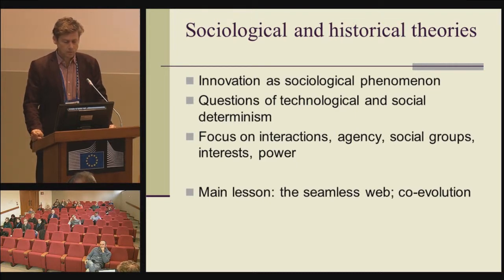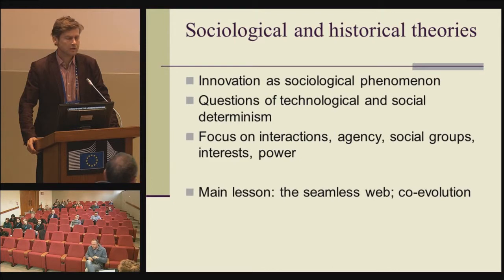And what you would see here is the growing interest and the growing acknowledgement that everything is so much woven together in such a way that you don't even see the seams of this, the so-called seamless web, famous phrase by Thomas Hughes, the historian, where you would see that activities that help innovation are both technical but also social and also economic.